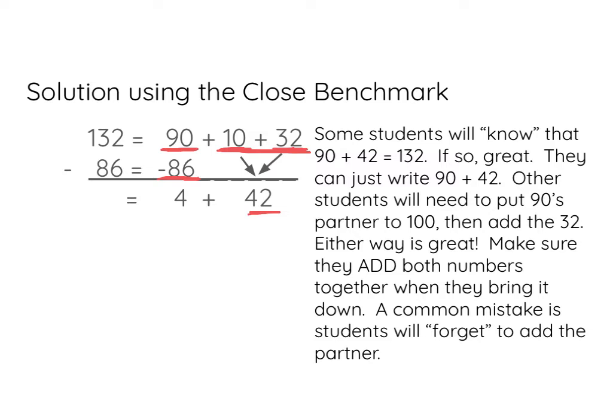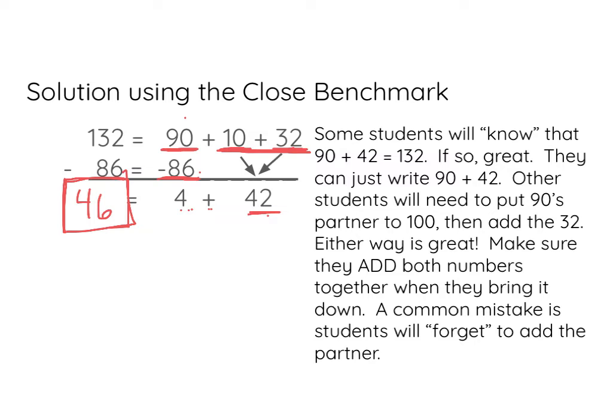And then since this is the close benchmark, you just need the partner to the next 10. 86 on a number line plus 4 will get you to that 90. 42 plus 4 equals 46.